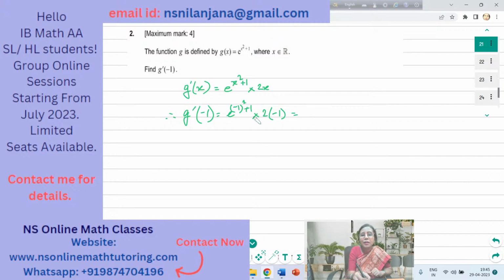So negative 1 whole squared is positive 1, 1 plus 1 is 2, and this is negative 2. This is negative 2 e squared. Okay? So g dash of negative 1 is negative 2 e squared.